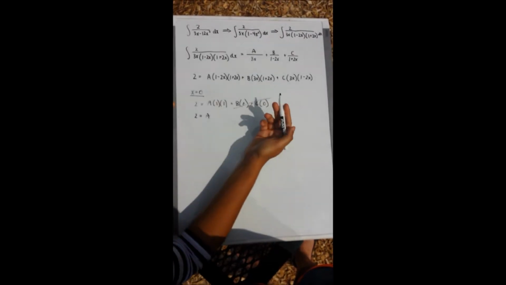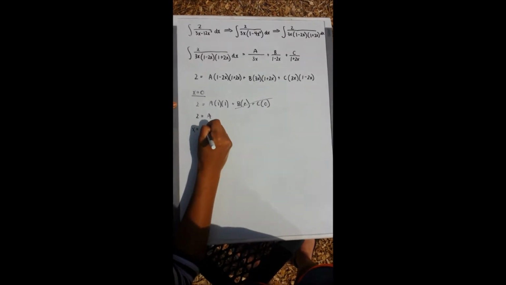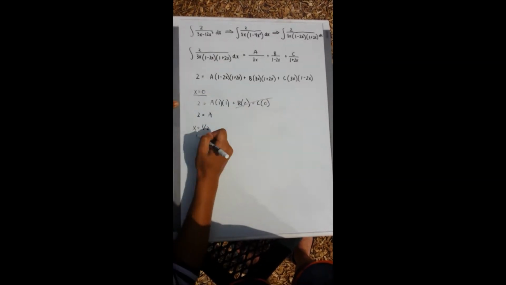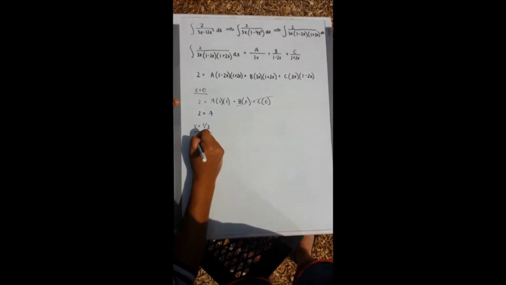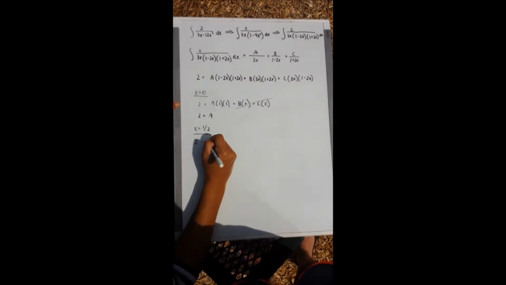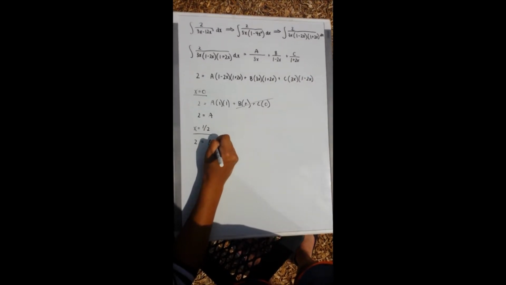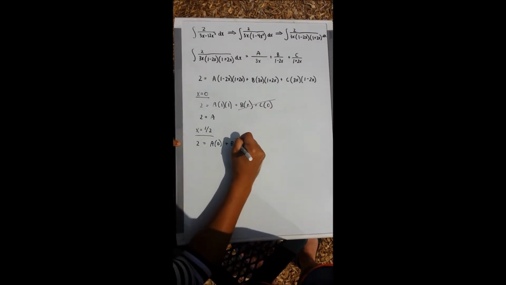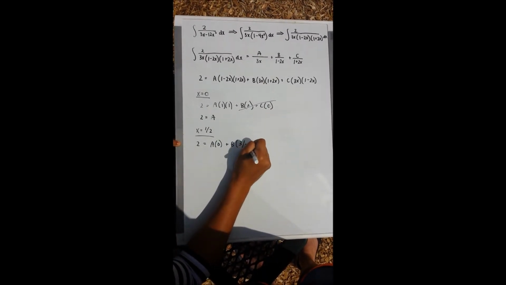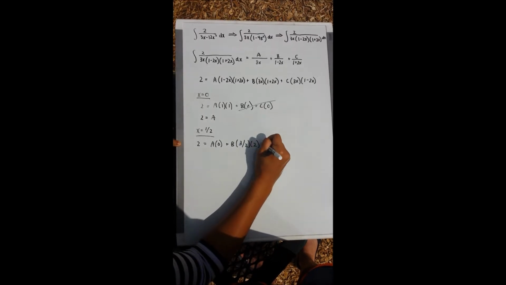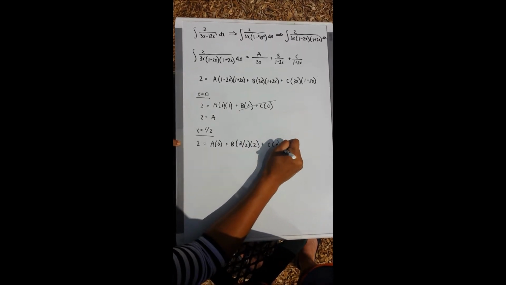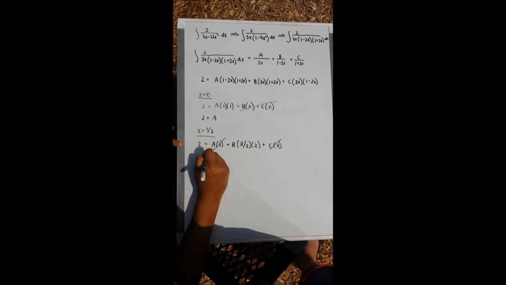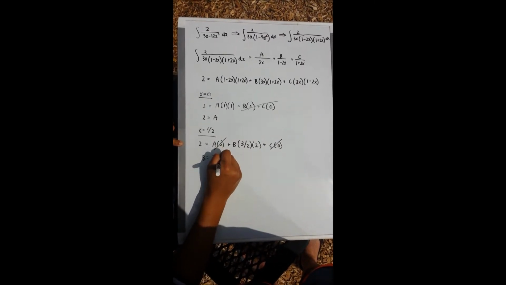Now you can also do x equals 1/2 because right here 1 minus 1 equals 0. So if you do that, you get 2 equals a times 0 plus b times 3 over 2 times 2 plus c times 0. So now that these two terms cancel out, you get b equals 2/3.